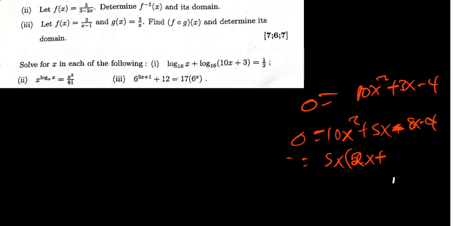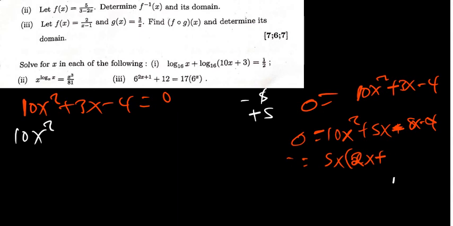Okay, let's rewrite it. We have 10x squared plus 3x minus 4 is equal to 0. So what I want us to do is take negative 8 and positive 5. Oh, this is supposed to be positive, this is negative, right?